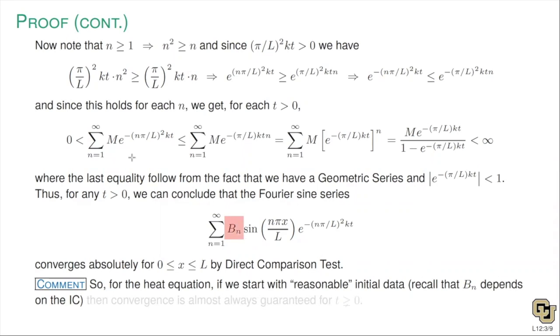So here it comes back to if B sub n is well behaved. And so we did this theory for the Fourier series about piecewise smooth functions. And that comes back to what does f of x look like? So when we say initial data, I'm talking about the initial condition f of x that we put in when t equals 0.